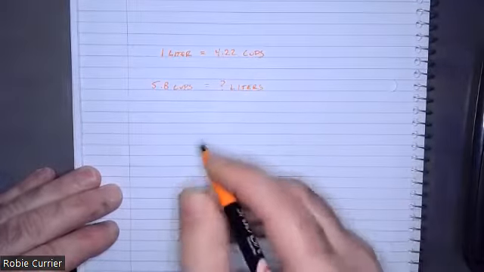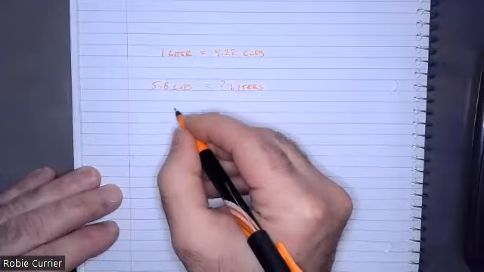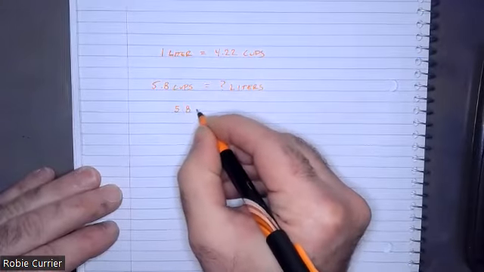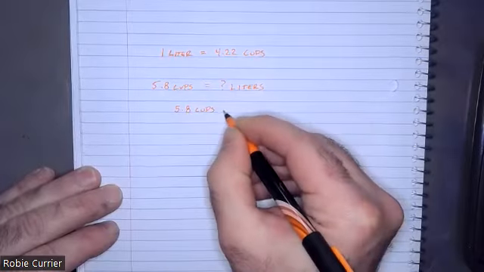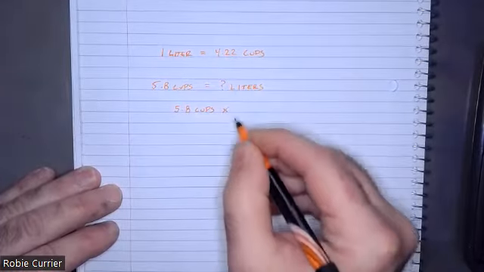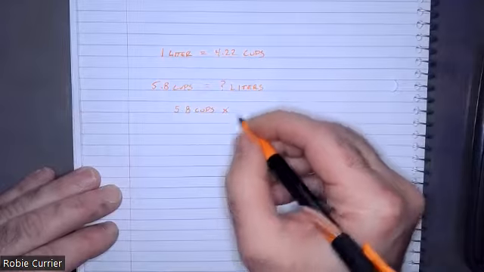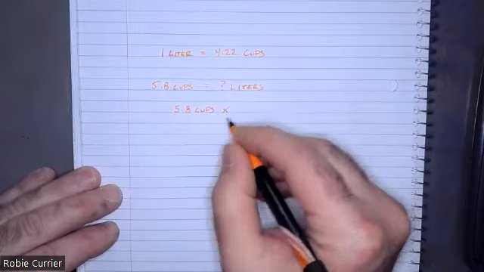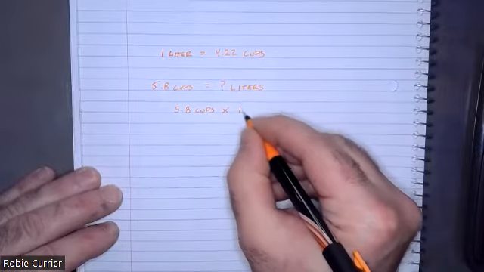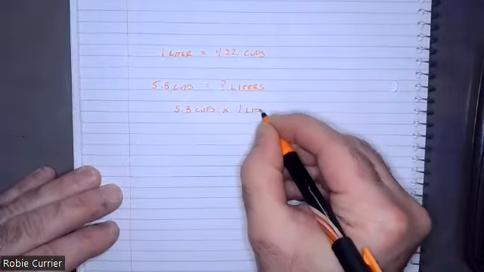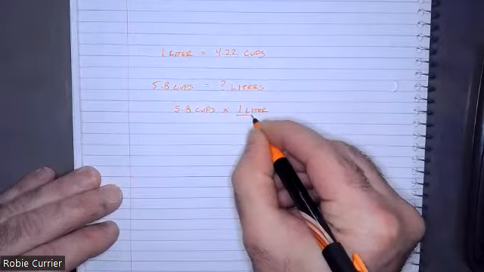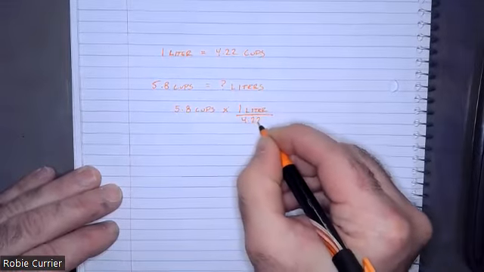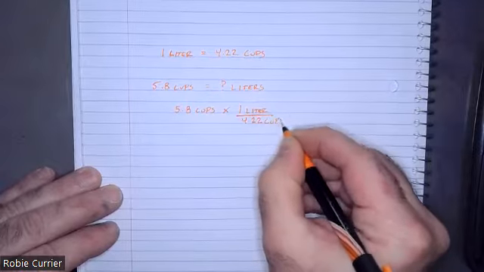So here's how I do it. I say, okay, I have 5.8 cups, and I need to multiply that by however many liters there are in a cup. So check this out. There is 1 liter for every 4.22 cups.